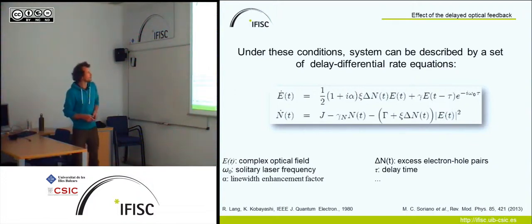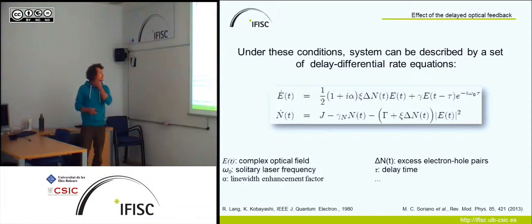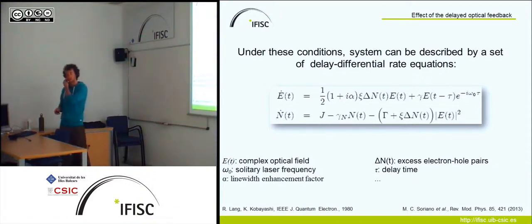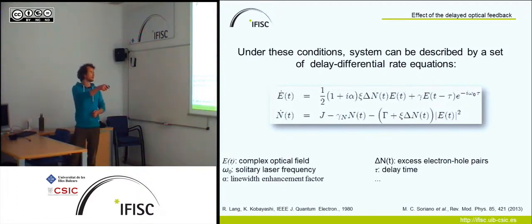One way to describe such a system, typically in theory and numerics, is using the Lang-Kobayashi equations, where you have the complex electric field, and here you have the impact of gain and the linewidth enhancement factor.